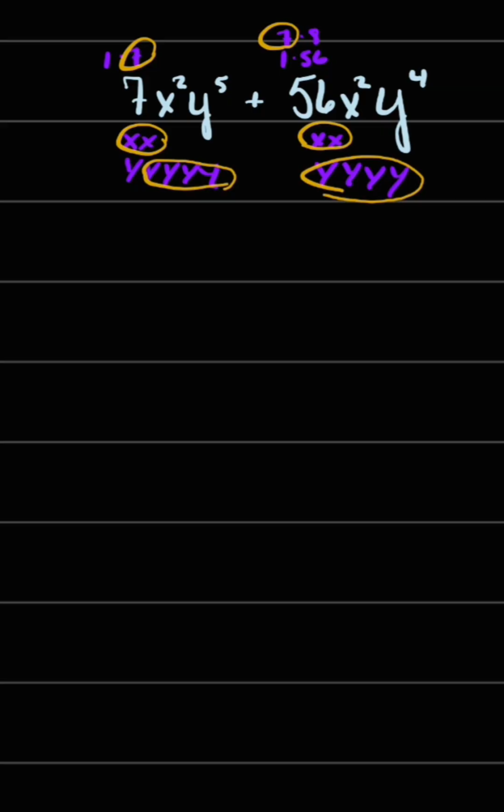So we need a parenthesis. And remember, we're still going to have 2 terms. They'll just be, the coefficient will be smaller numbers. All right. So we said that we're going to pull out a 7 x squared y to the 4.